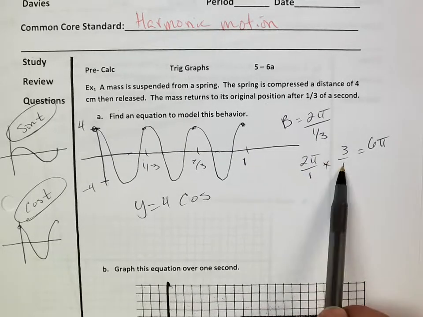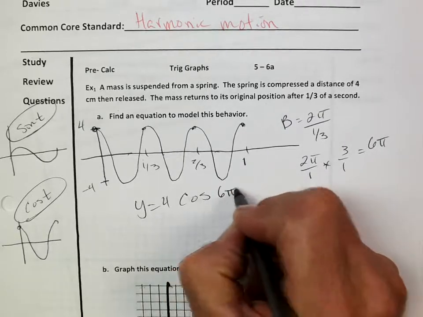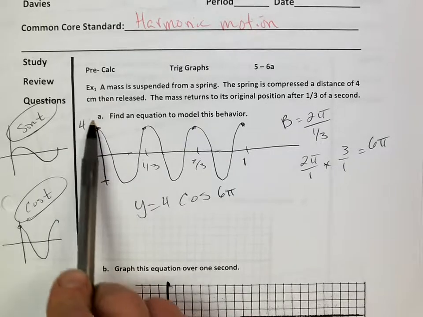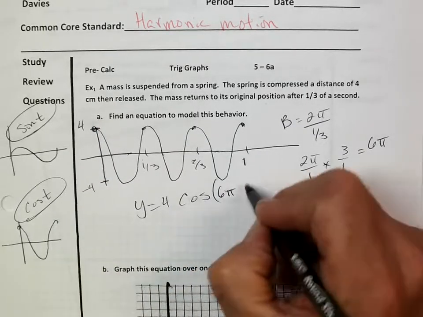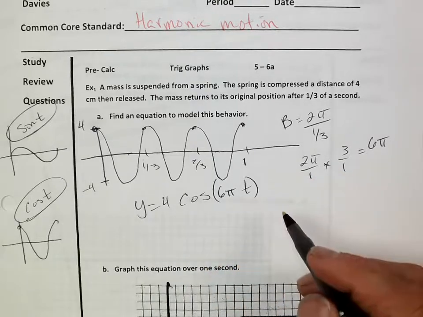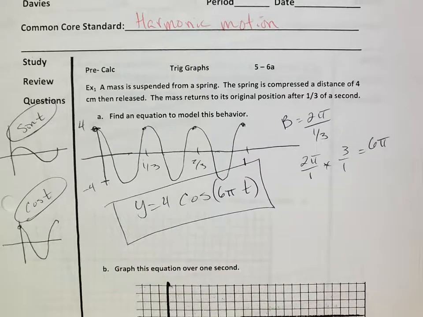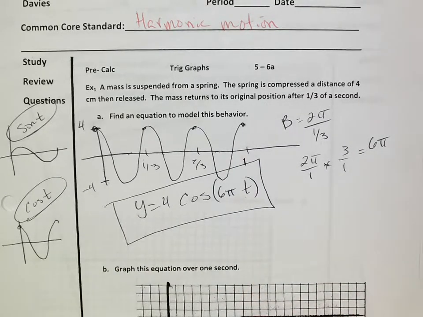I invert and multiply, so I'm going to go 6 pi. Since I started right on the money, it's going to be 6 pi, and then there's going to be no horizontal shift, and there's no vertical shift. So that is the equation. I've got the t right there. Is that pretty easy?